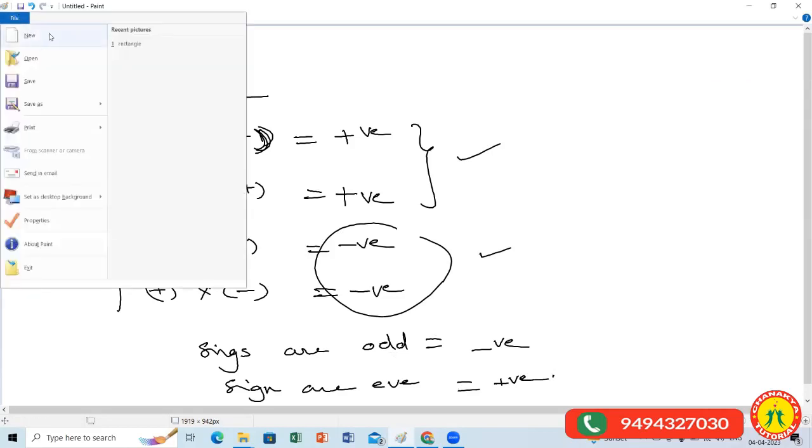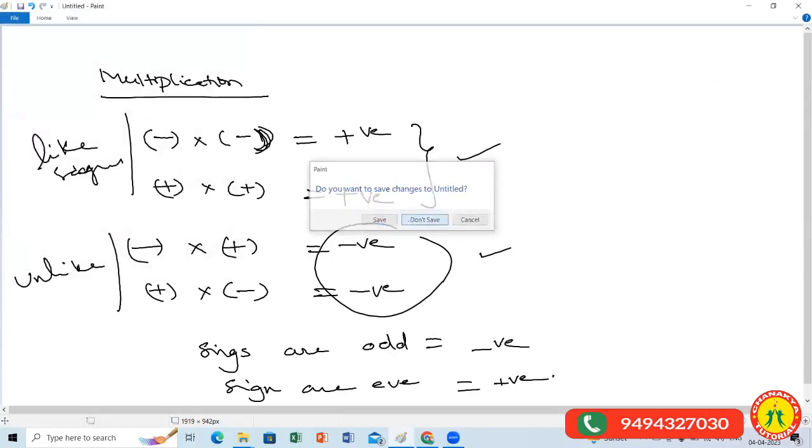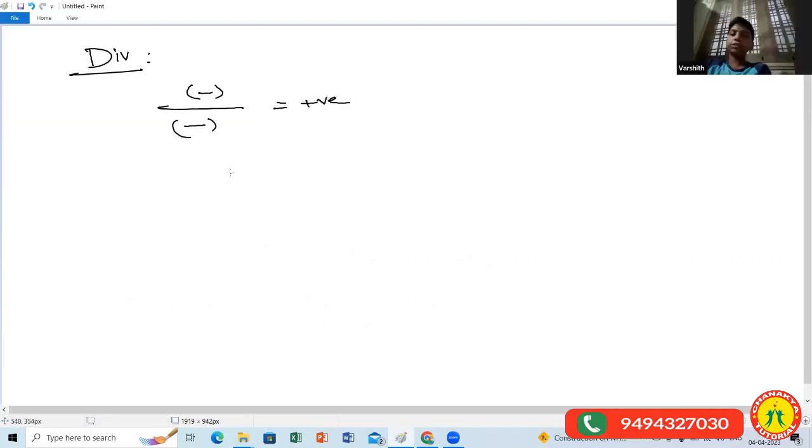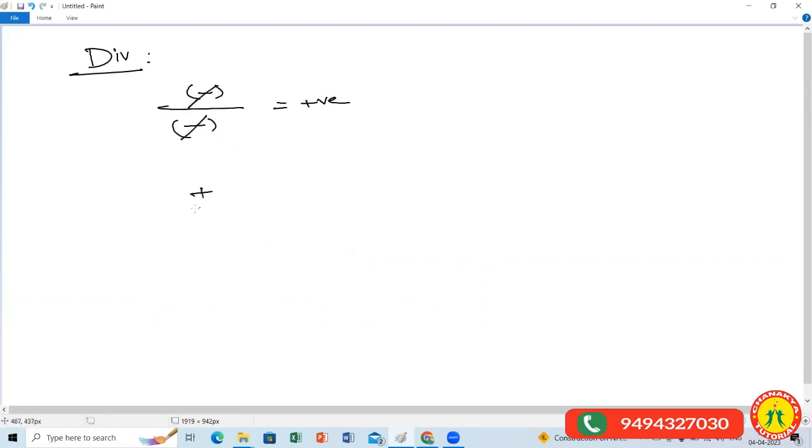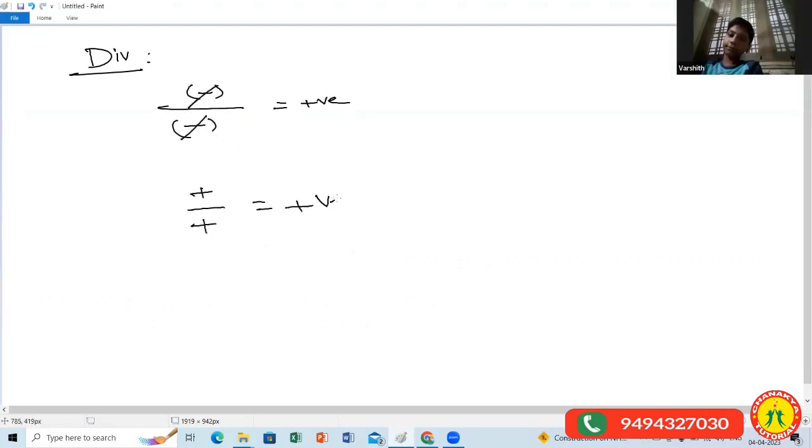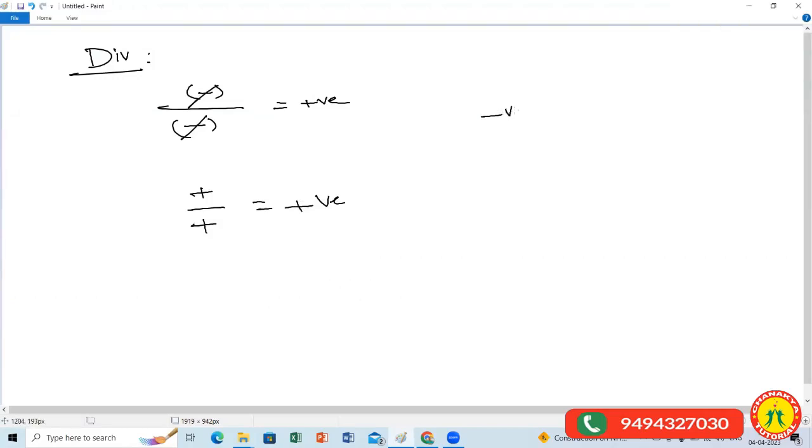Same for division too, children. In division, a negative divided by a negative gives a positive result, because the negative signs cancel and it becomes positive divided by positive. Negative divided by positive is negative.